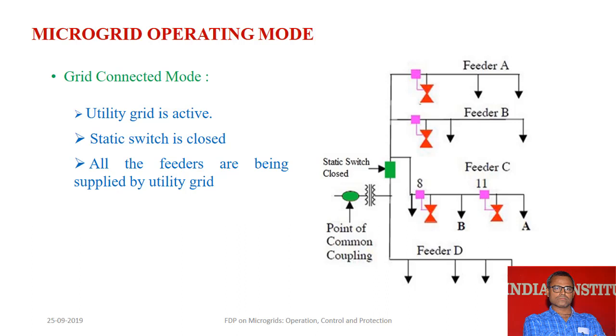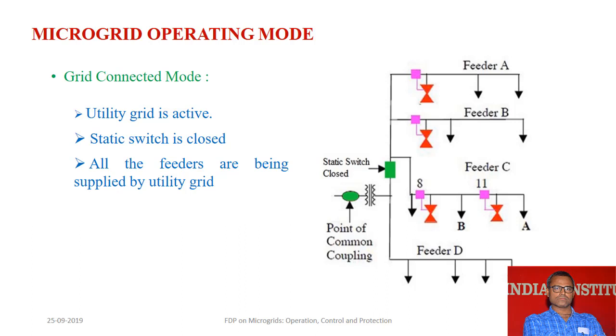The point of common coupling, and here static switches are connecting. Here we can see only the loads are connected. In this feeder there are no micro sources. Therefore it is a one-way power flow. But here there is bidirectional power flow.